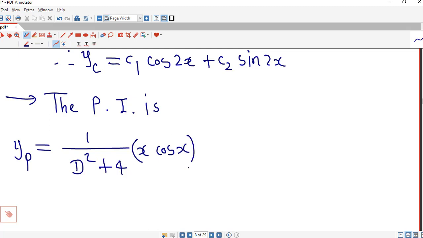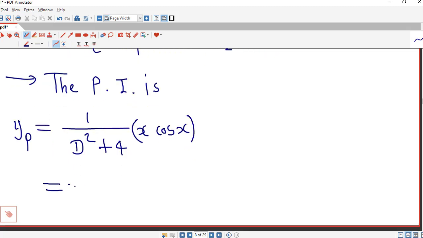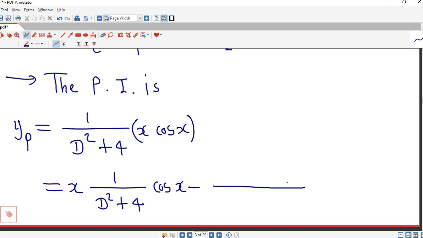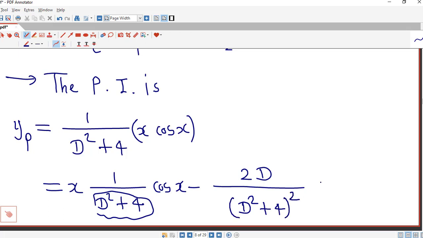This is equal to x as it is, F of D applied to cos x, minus, in the numerator we have to write the derivative of D square plus 4 with respect to D, which is 2 times D, and here we have to write D square plus 4 whole square, and that we have to apply to cos x.